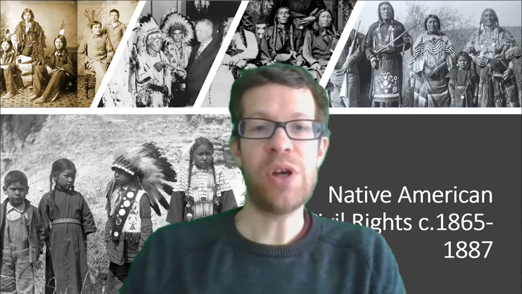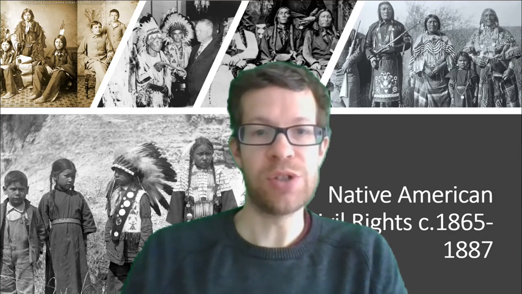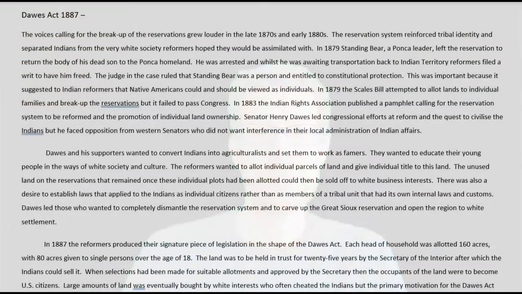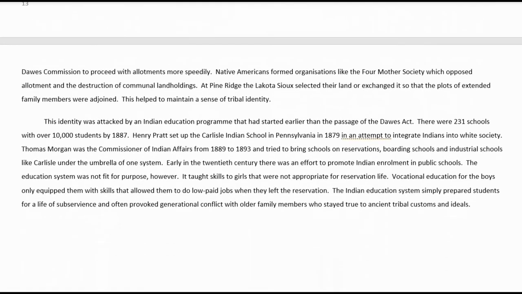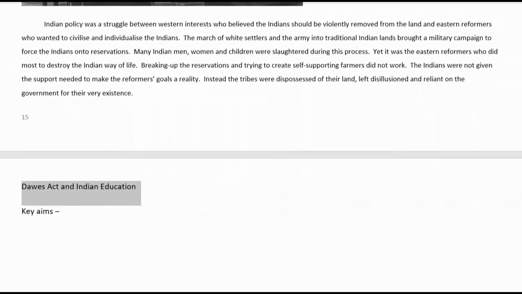So let's have a look at exactly what the Dawes Act was trying to achieve. Now you can see starting on page 13 of your lesson notes template, you've got some information about the Dawes Act, and that goes over a few pages. It also talks about the Indian Education Program.